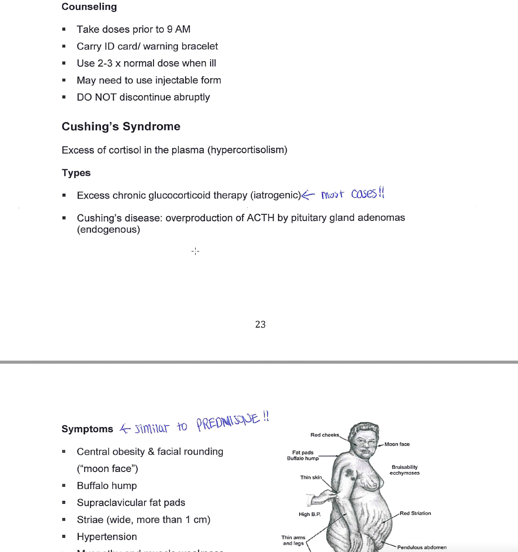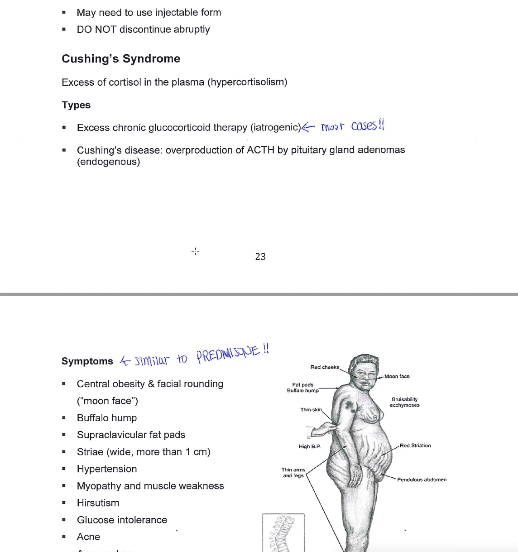All right, lastly, Cushing syndrome is basically having too much cortisol, so excess cortisol in the plasma, or it's called hypercortisolism. Excess chronic glucocorticoid therapy is the iatrogenic cause, basically giving too much exogenous corticosteroid therapy. So this is really the most common cause.